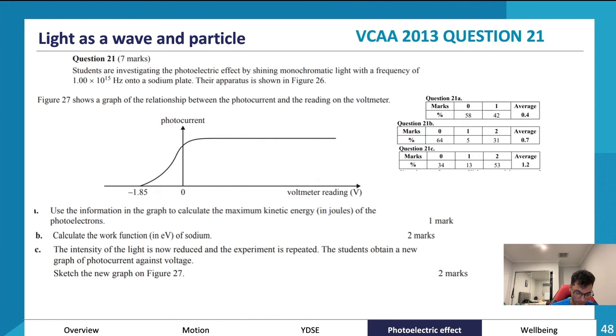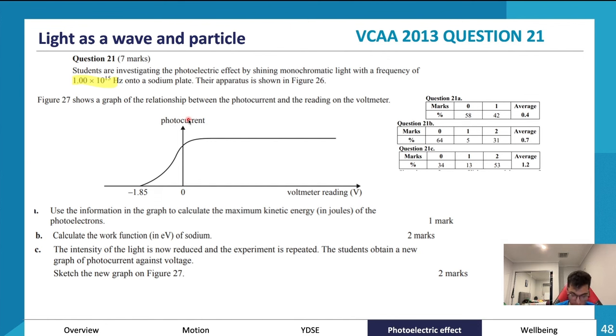Cool. When it comes to these sort of diagrams, hopefully you've done something similar in a recent SAC. When you have these type of diagrams where you have volts and photocurrent on the axes, you'll usually get asked questions such as, what happens if you change the intensity, what happens if you change the work function, or if you change the frequency of the light.